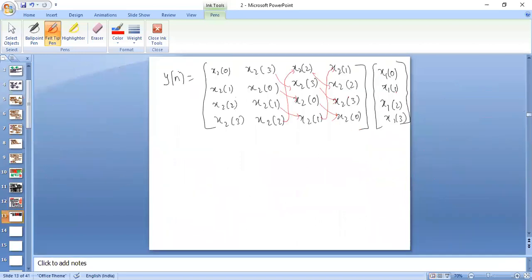Clear? So 3010. How do we write the next row? How do we write the next column? This 0 should be shifted upwards: 3, 0, 1, and then 1, 0, 3, 0, and then 0, 1, 0, 3. That should be multiplied with x1 of n.